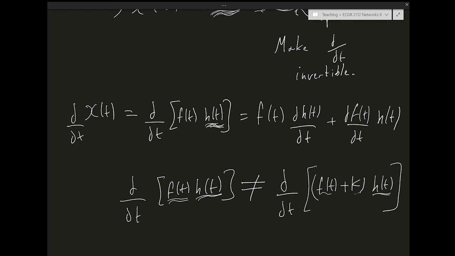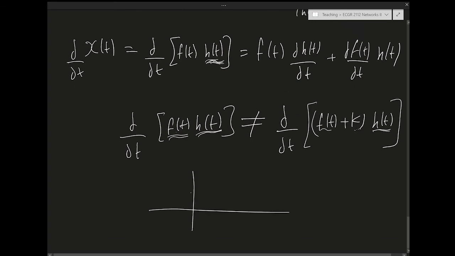Now comes the question of defining h of t. I want to define h of t in a way that will not interfere with f. Well, one thing I could do is define h of t to be a constant.